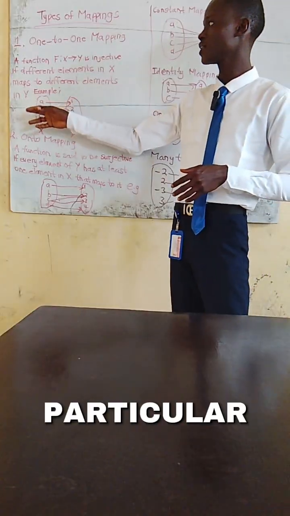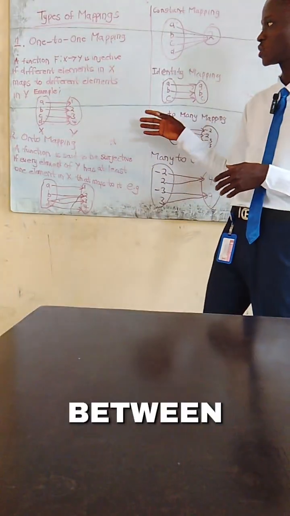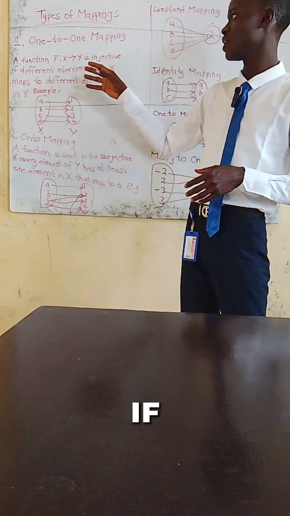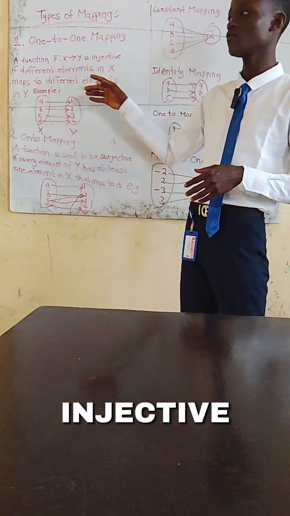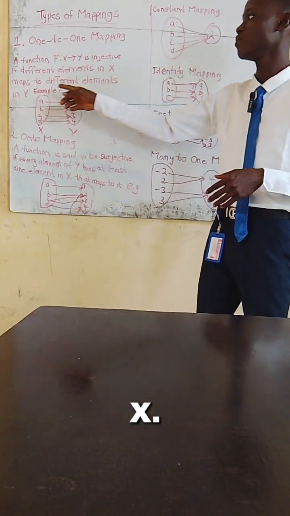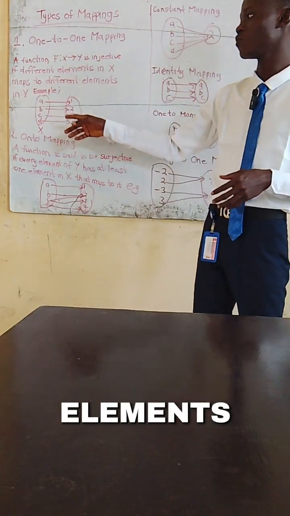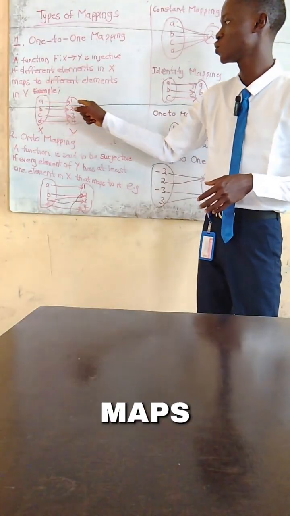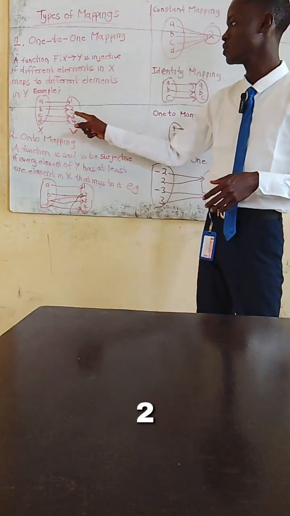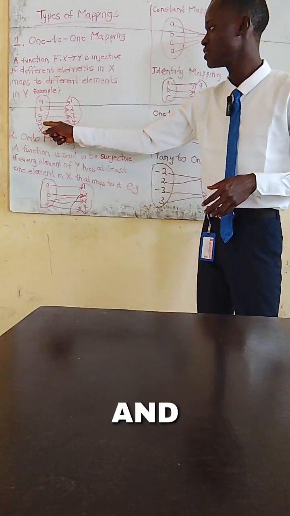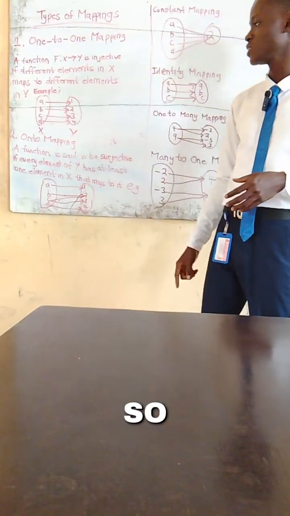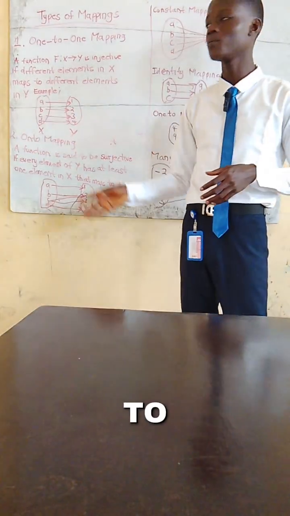So it's trying to show the relationship between two sets, that a function is injective if different elements in x map to different elements in y. Here, A maps to 1, B maps to 2, C maps to 3, and D maps to 4. So we have talked about the one-to-one mapping.